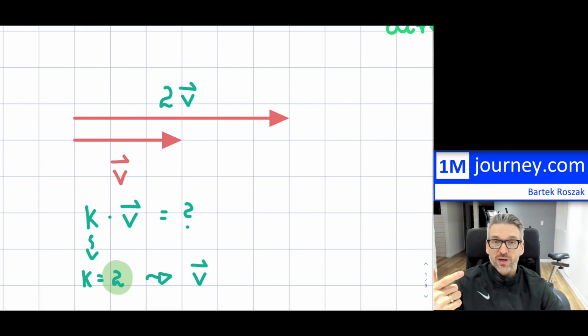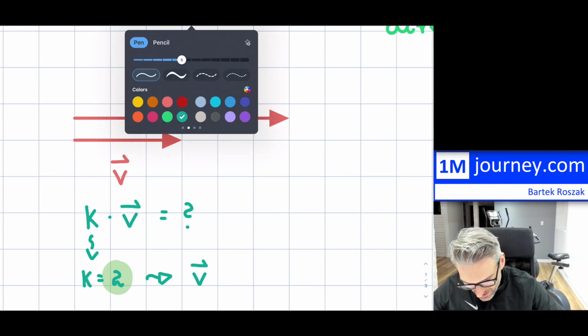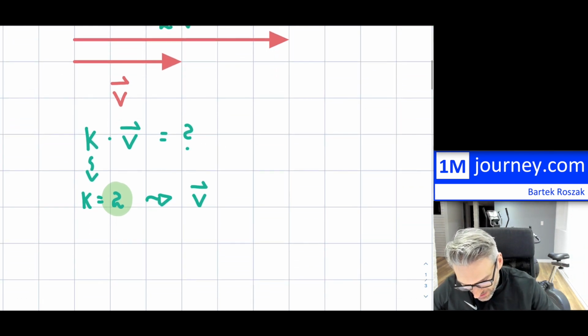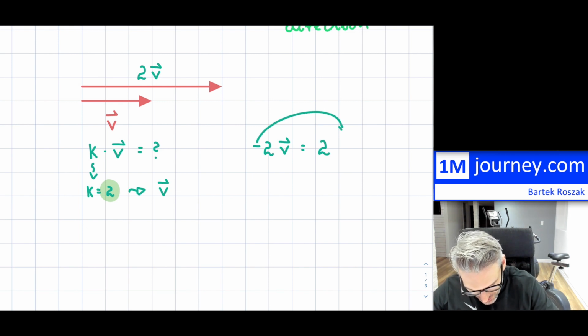And then the 2 would just simply mean that it's twice in magnitude. So if I wanted to multiply this, for instance, by negative 2, this is what I would do times the original vector. This is the same thing as saying you're multiplying by 2, and then this negative gets absorbed.